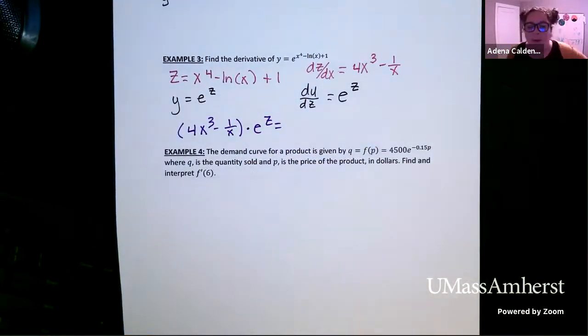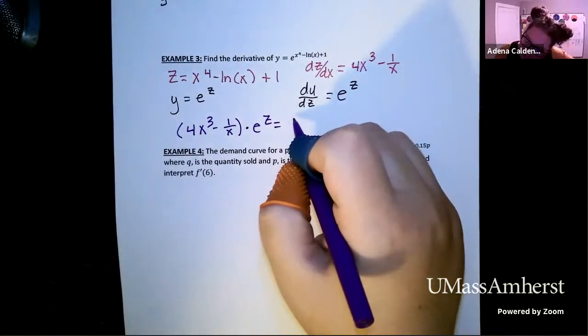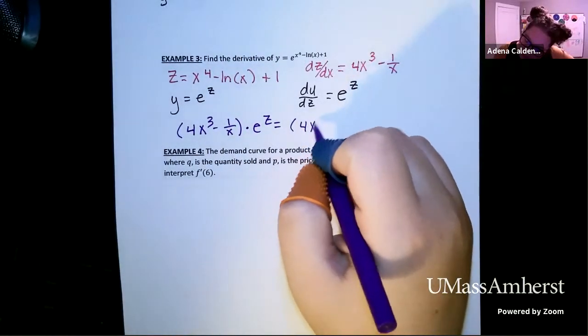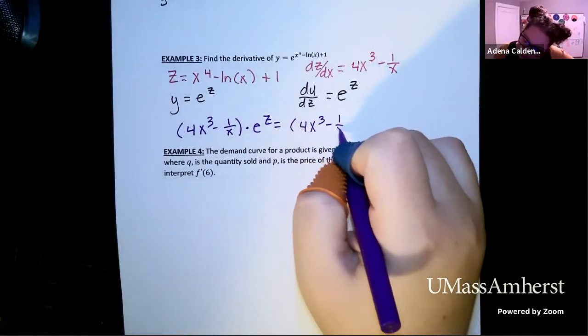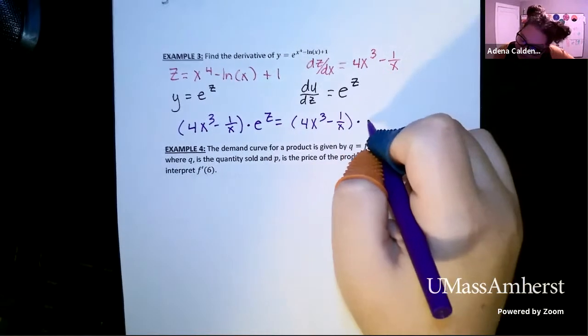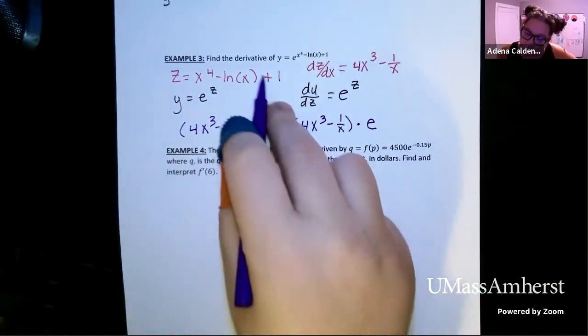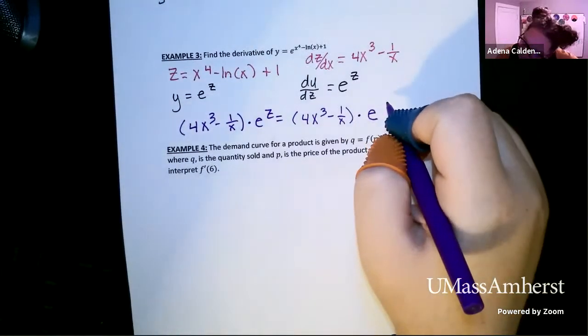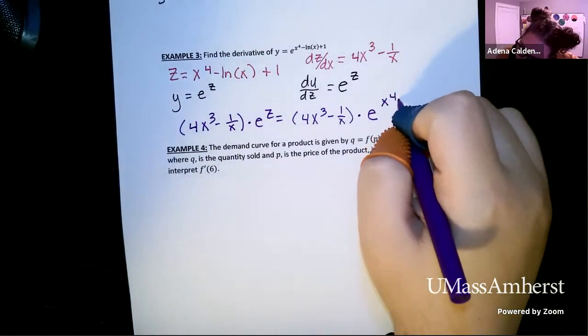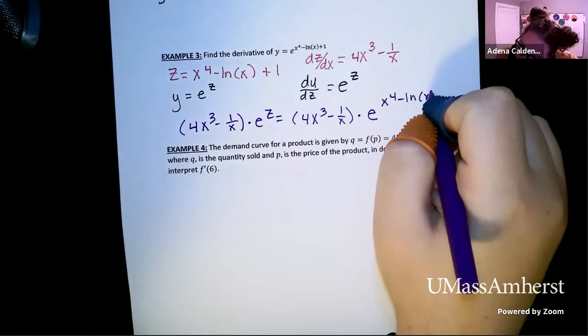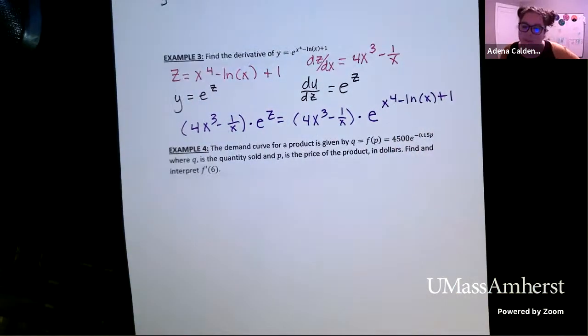But as we remember, we don't want a z in our final answer. So I have 4x cubed minus 1 over x times e, and now I have to substitute back in what z represented, which here is x to the fourth minus ln x plus 1.